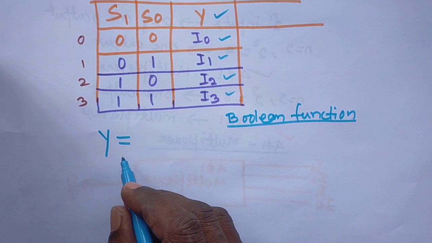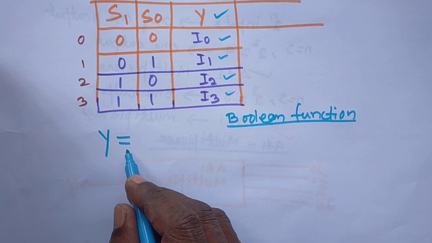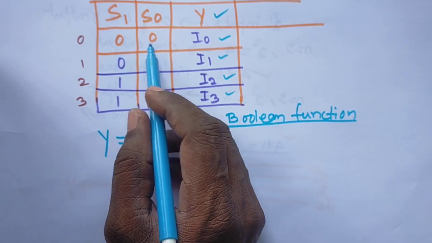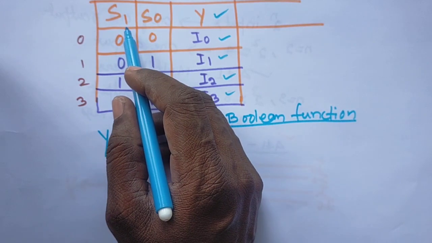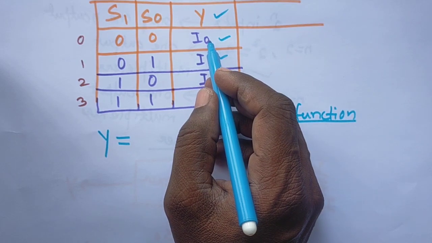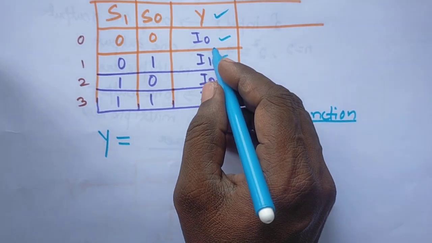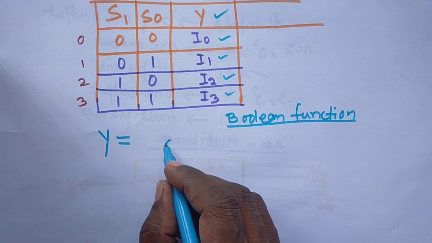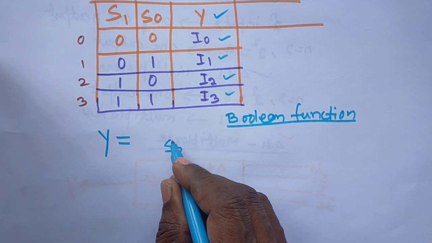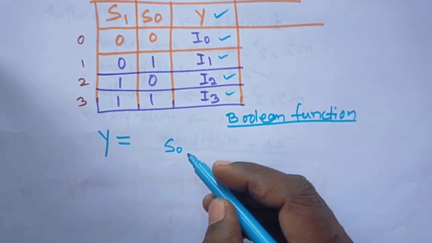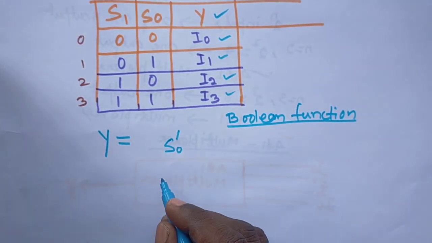You see, whenever I go through Y, first it depends on this one: S0 is 0, S1 is 0. Then what happens? It is combined with I0. Since S0 is 0, it is the complement of S0, so obviously we consider this a complement.